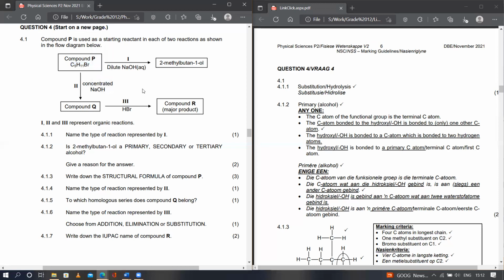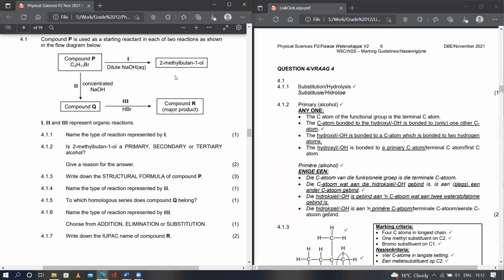It's gonna get diluted with sodium hydroxide, forming 2-methyl-butan-1-ol.